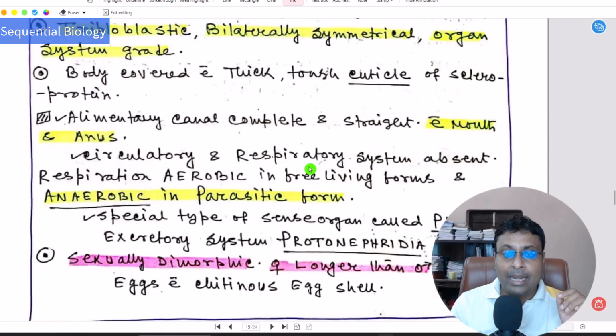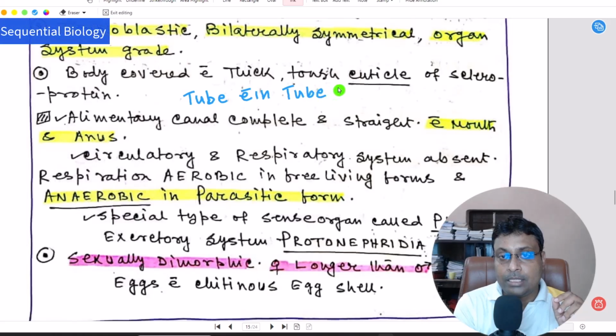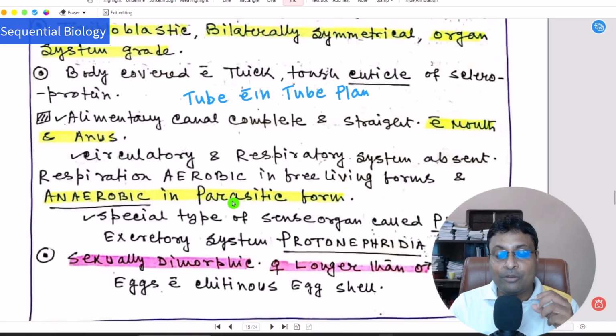Since their alimentary canal is complete, their body plan is tube within tube plan, right? The circulatory and respiratory systems are usually absent, and respiration is aerobic in the free living form and anaerobic in the parasitic form.